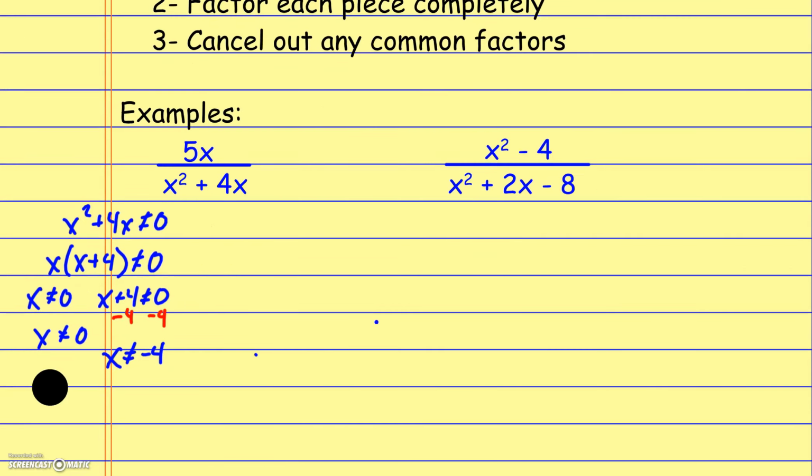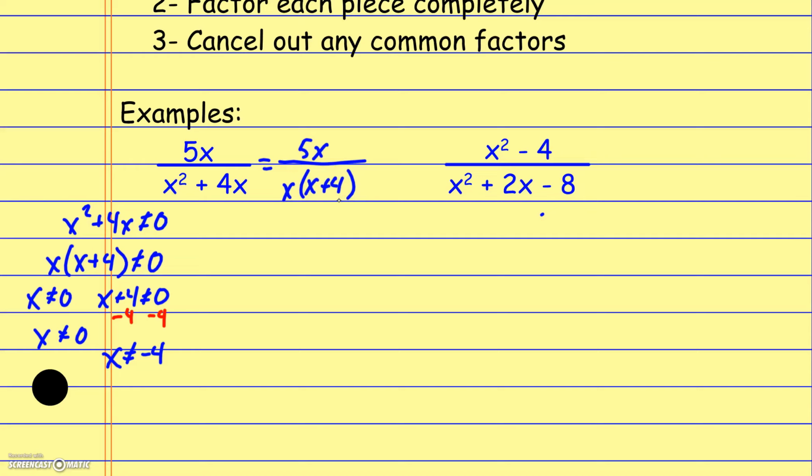So I've got my domain restrictions. Now I actually want to go through the process of simplifying this thing. So I factor this thing as far as I can. In this one, the numerator can't really be factored. It stays as a 5x. The denominator can be factored, and I already factored it once. Don't do this work again. I factored that thing over here when I was solving. So I just have to copy this down. That factored into an x times x plus 4.